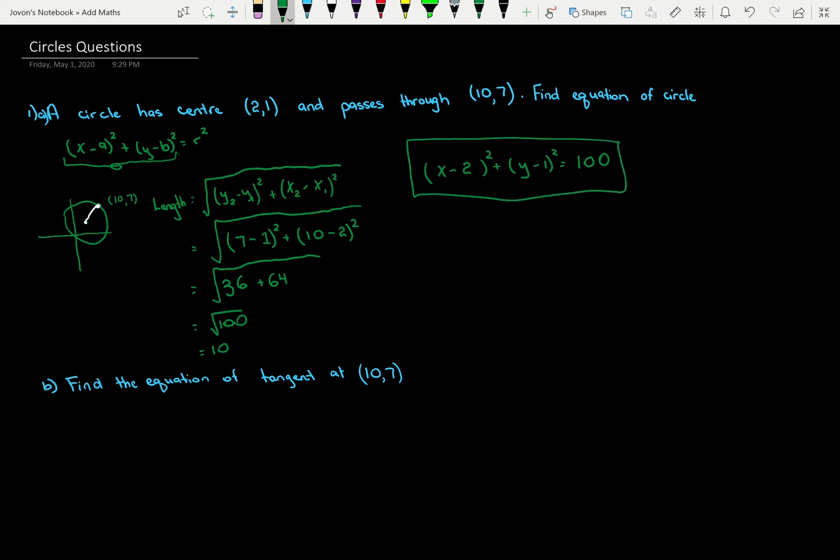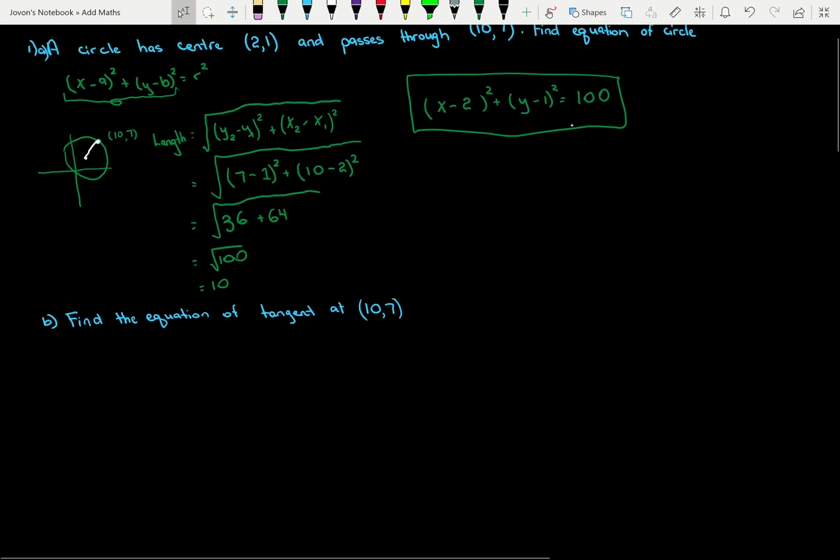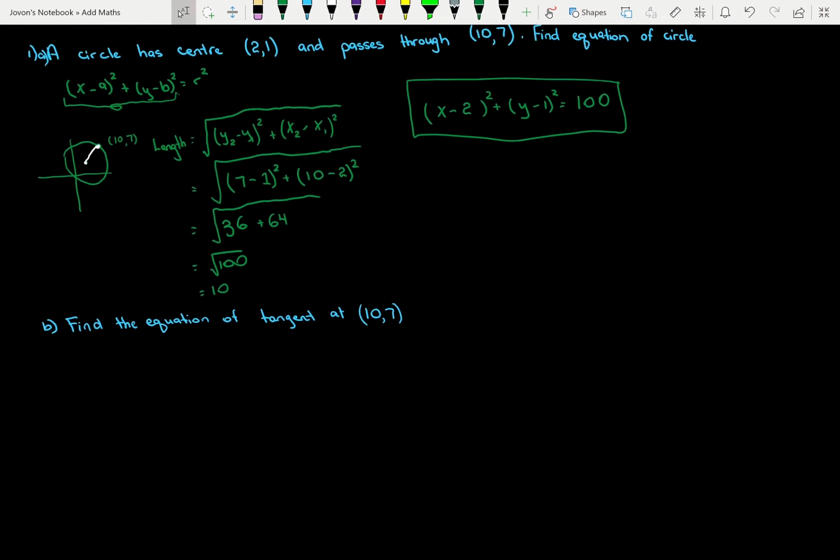Okay, the next question now asks us to find the equation of the tangent at (10, 7). So we already have this point here and this point here, so we could find the gradient of that line. The gradient of that line connecting the center to that point on the circumference is what we call the normal.